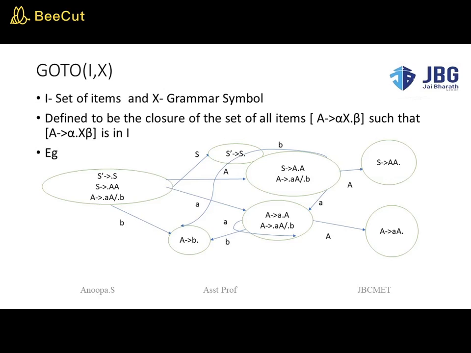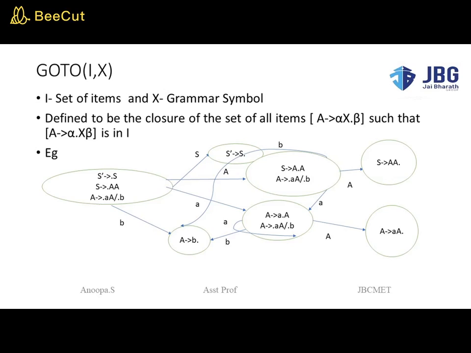You will get S' giving S. Okay, so we are going to make it another set. Is it possible to include any other closure within that? No, because after the dot operator there is no symbol, so we won't get any more closure in that.